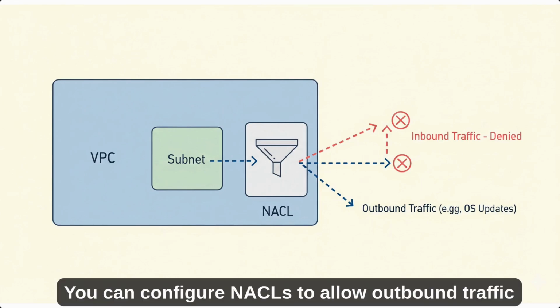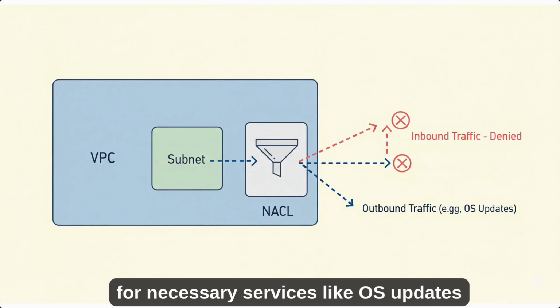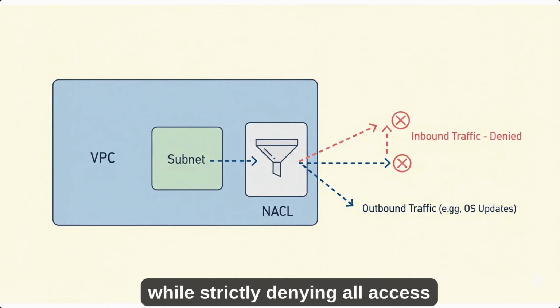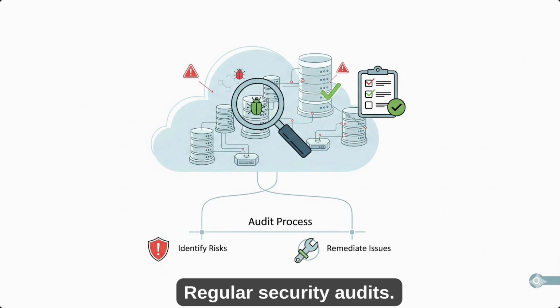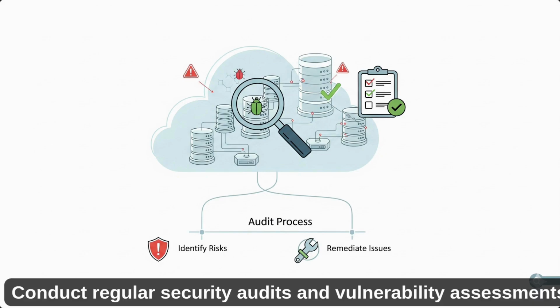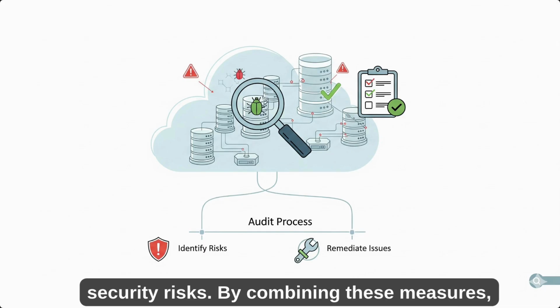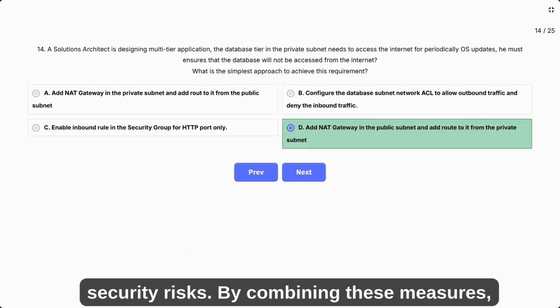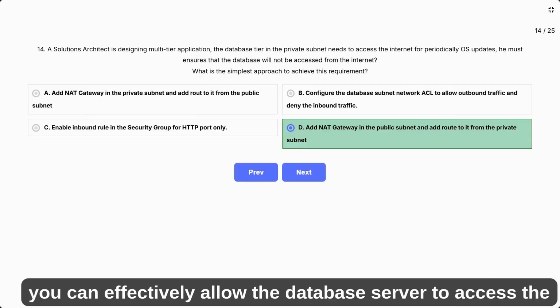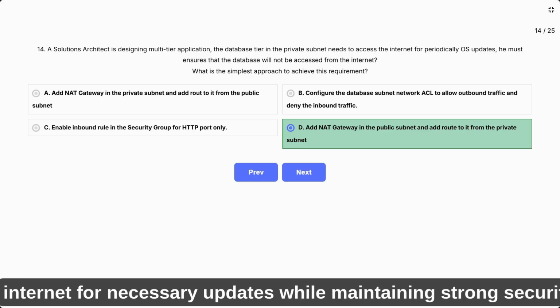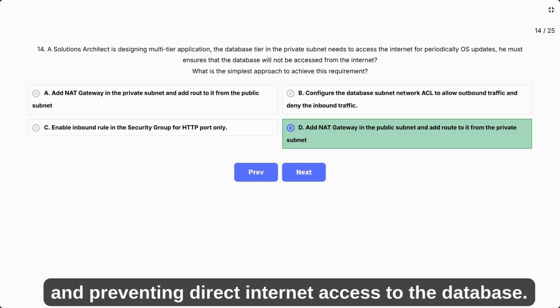You can configure NACLs to allow outbound traffic for necessary services like OS updates, while strictly denying all inbound traffic. Regular security audits: conduct regular security audits and vulnerability assessments to identify and address any potential security risks. By combining these measures, you can effectively allow the database server to access the internet for necessary updates while maintaining strong security and preventing direct internet access to the database.